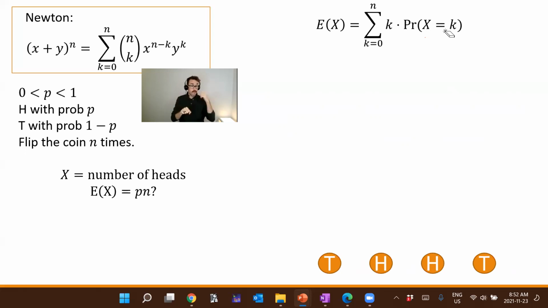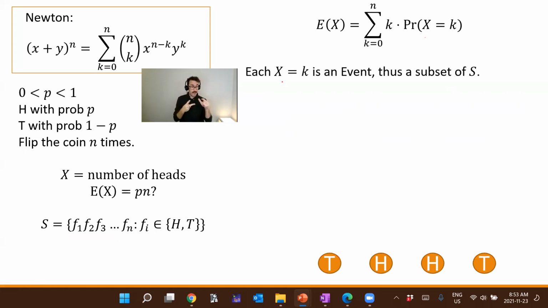So x equal to k, for instance, so here's our sample space. Our sample space is some series of n flips, where each flip can take on heads or tails. Each value that x can take on is an event, and I want to sum up all of the probabilities of the elements in that subset.